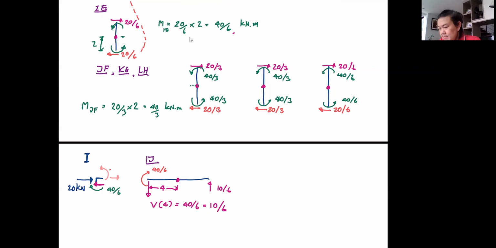So this is equal and opposite by sigma Fy equal to 0. So no brainer that the moment here would be 40/6, but in the opposite direction. Okay, so that's IJ.